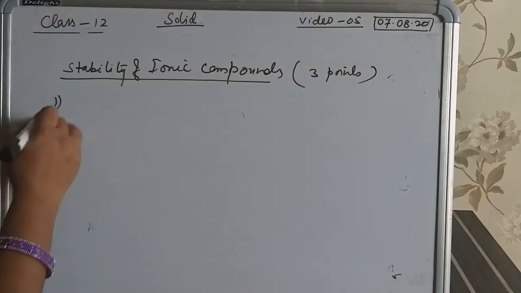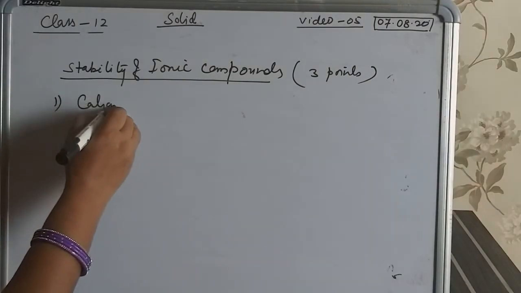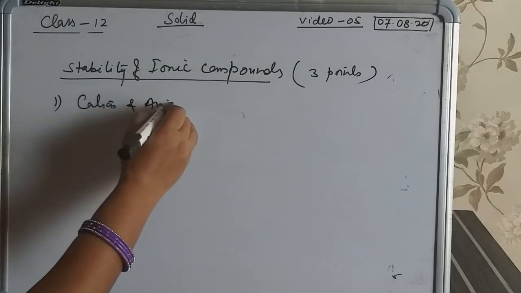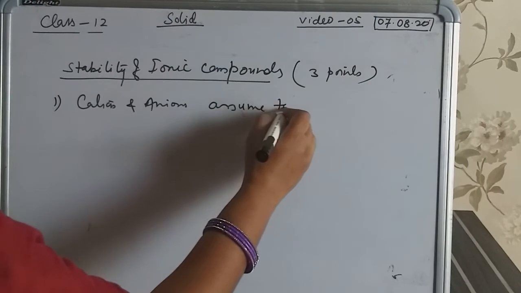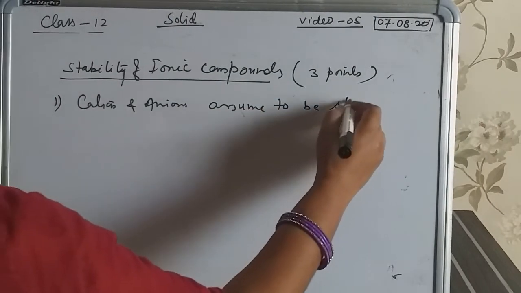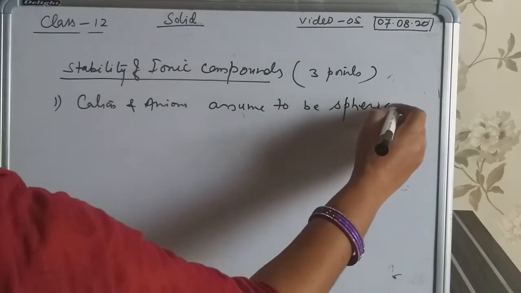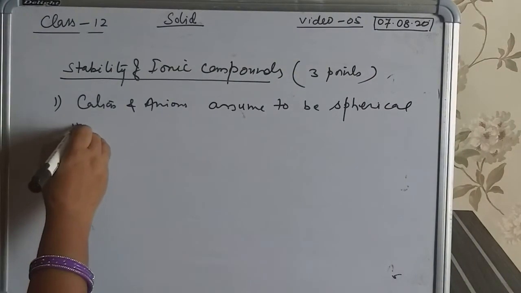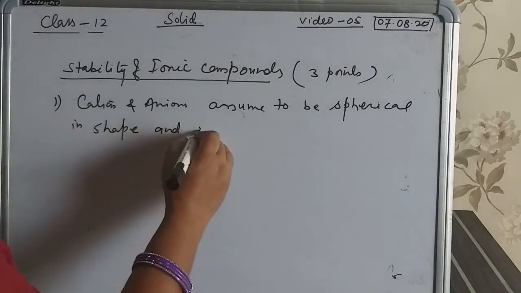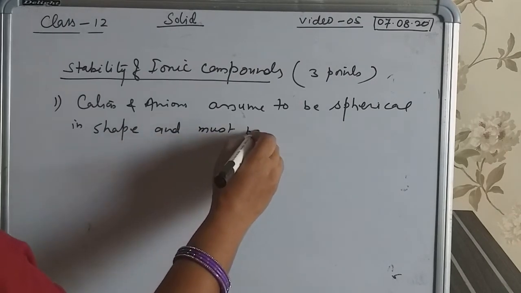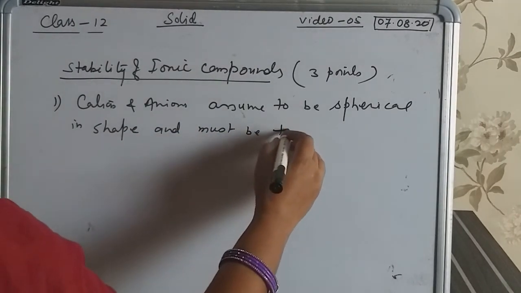Number 1, the first point: cation and anion are assumed to be spherical in shape and must be touching each other.